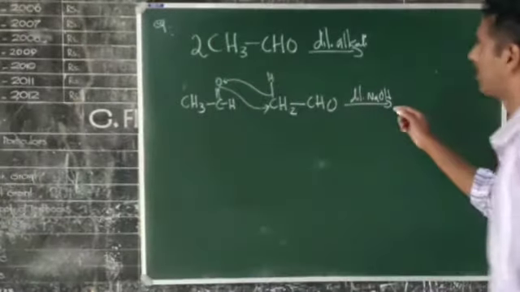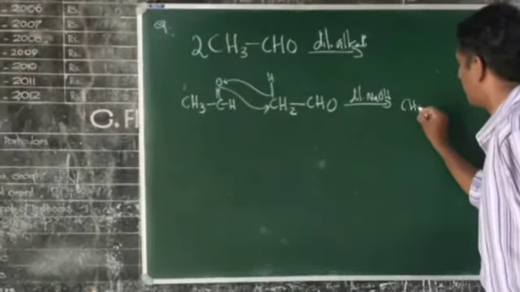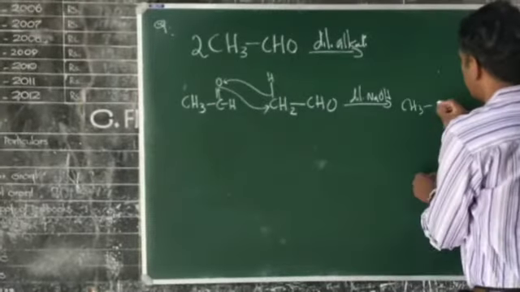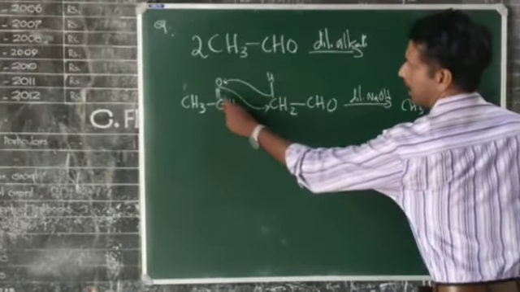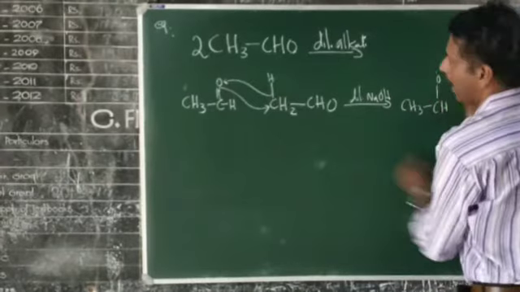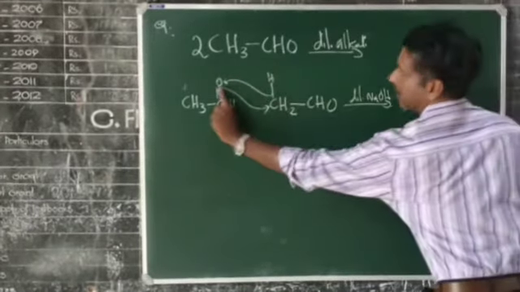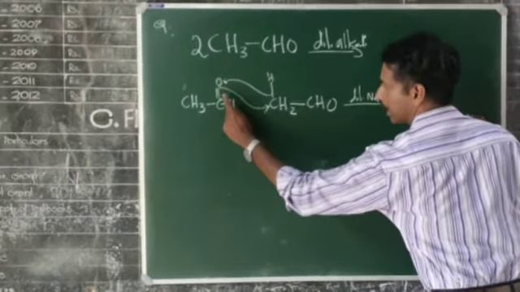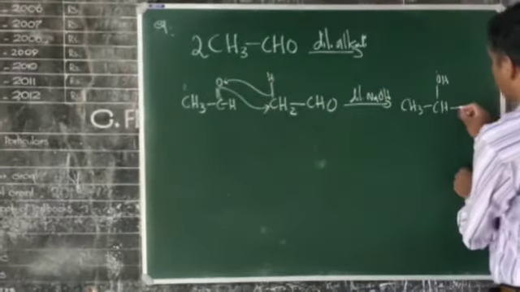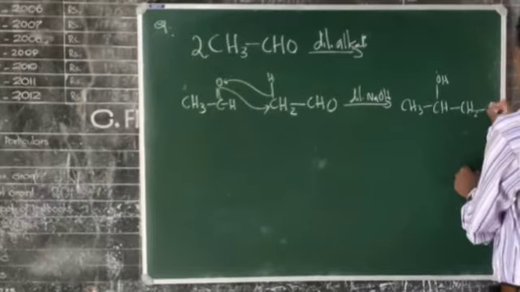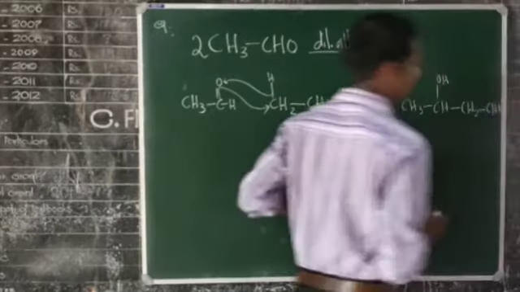So what we get? Look at here. We get a structure like this: CH3, then CH, and in this one O, and this H is joined with oxygen, therefore it will become OH. Then this bond is breaking from oxygen and is joining with the CH2. So you get a CH2, then CH O. So clear?